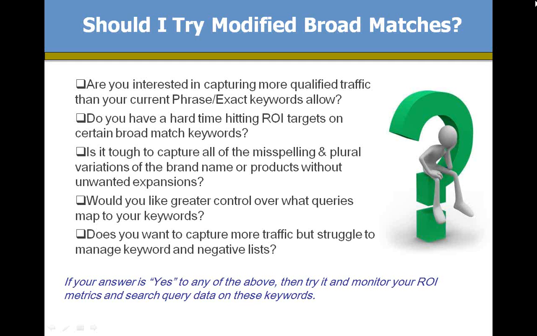Maybe you have a hard time hitting your ROI targets with your current broad match keywords. Then I would add modifiers to your words in those broad match keywords and see what happens.